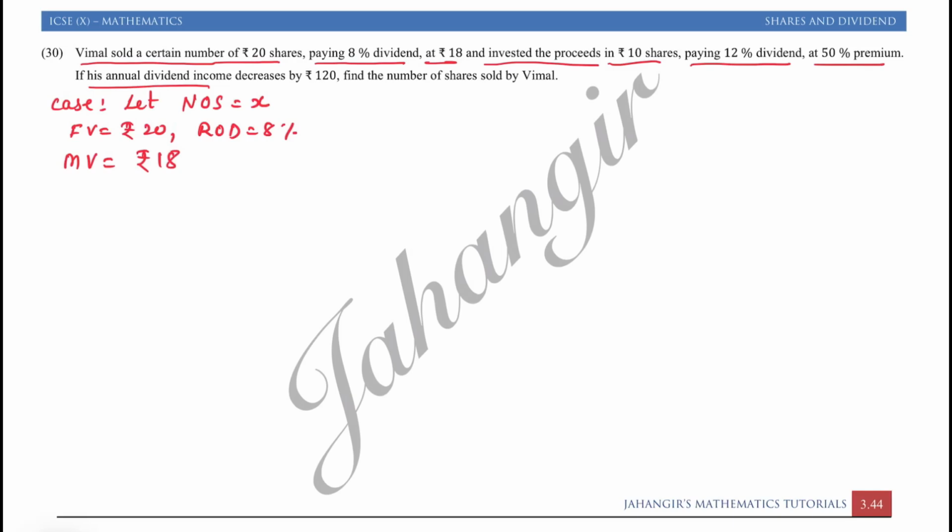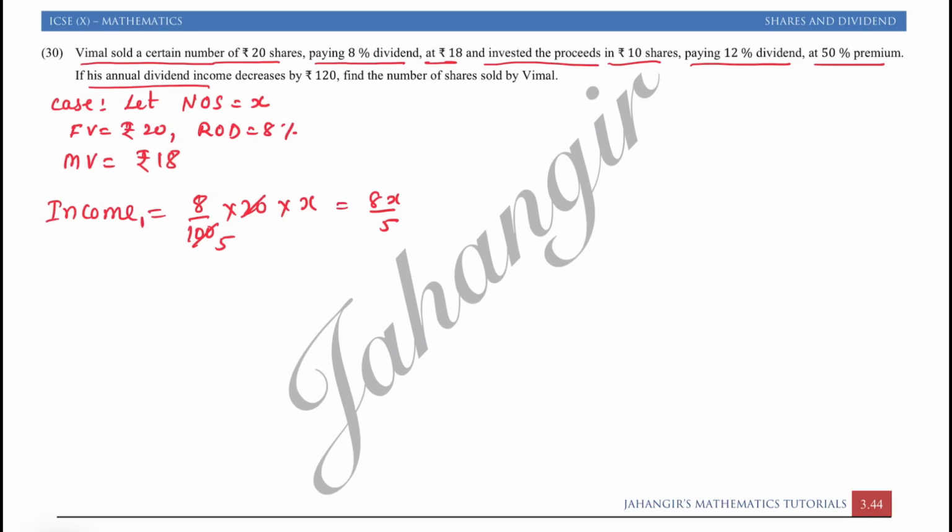Now let us find income first. Income in the first case is ROD upon 100 into face value into number of shares. Cancelling this, I will get income as 8x upon 5. This is my income in the first case.